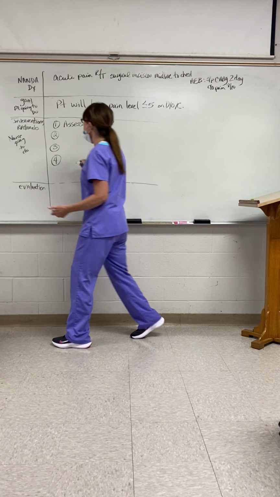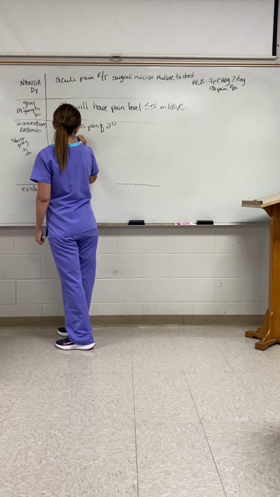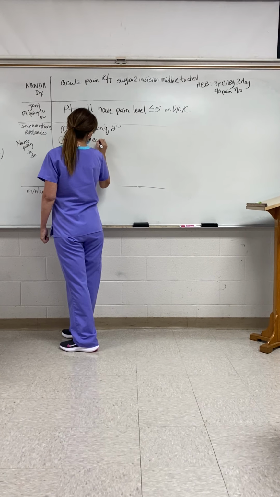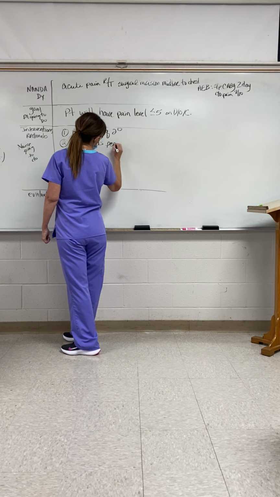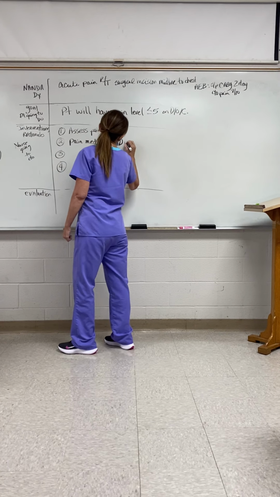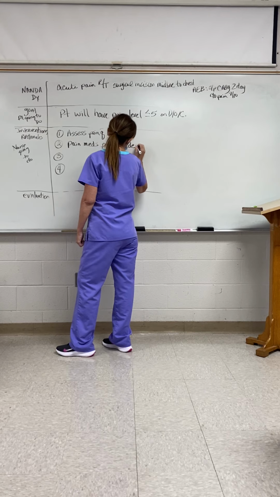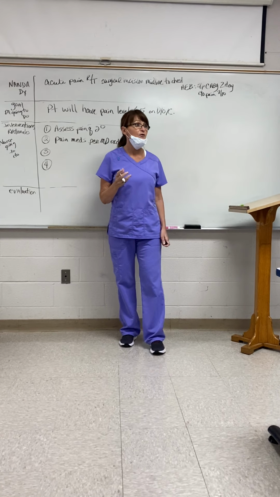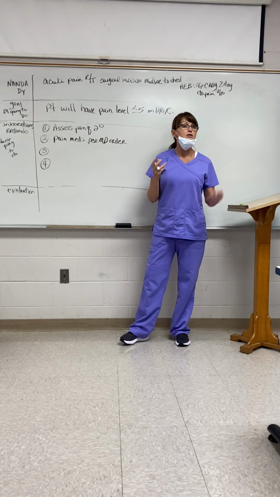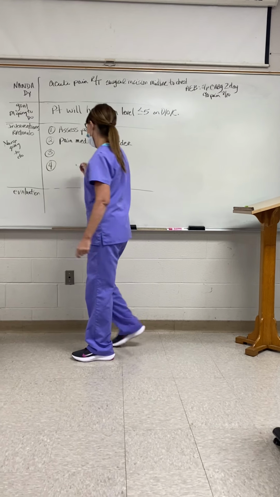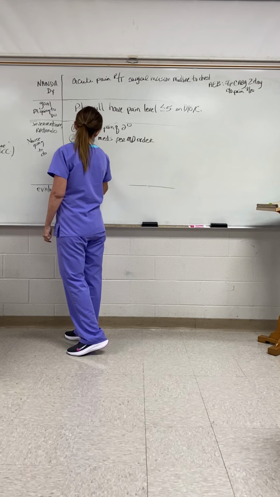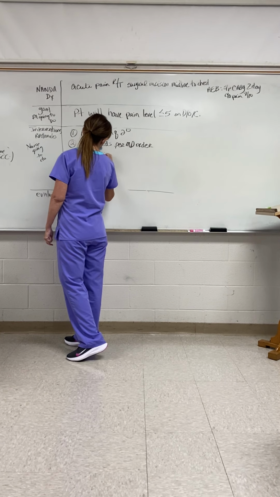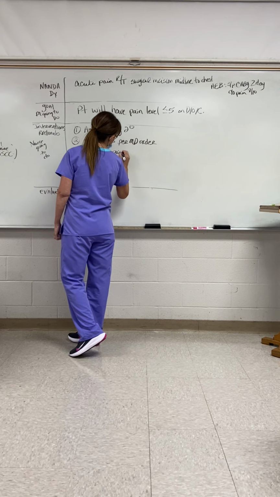Pain meds per doctor order. After you give pain medicines, what do you need to do? Check. How do you know if it worked? Check the pain level. Check it again, reassess the pain. We'll say, what, about 30 minutes?